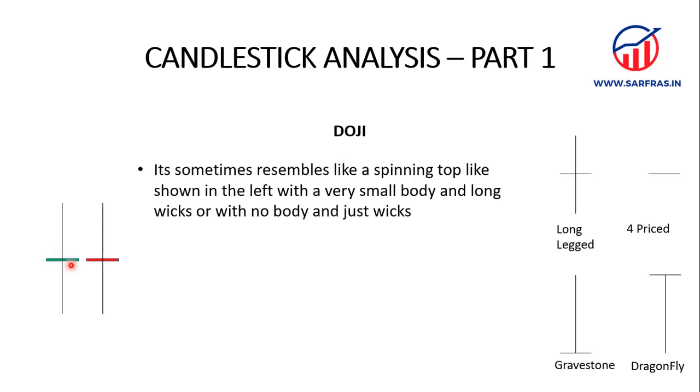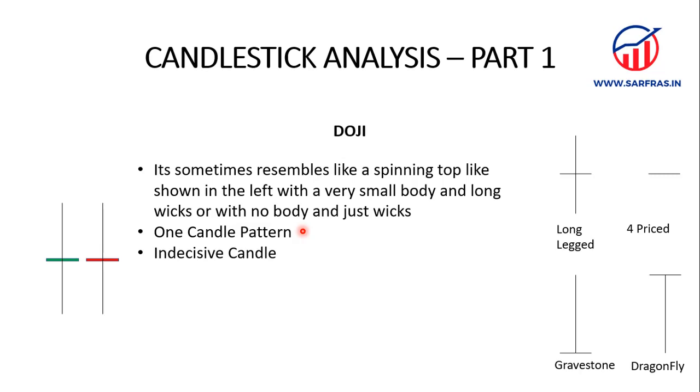In this particular case, you could see it resembles a spinning top, as shown over here, and one candle pattern. Basically, again an indecisive candle. Just as I had shown in the previous spinning top scenario, this could be a normal continuation, or it can be a reversal.